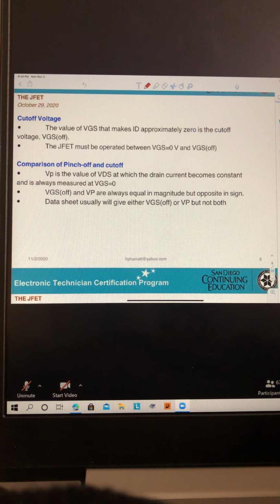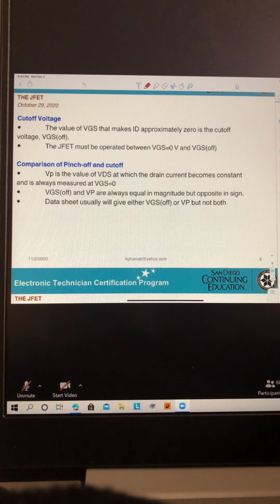VGS off and VP are always equal in magnitude but opposite in sign. VGS off is negative and VP is positive. The data sheet usually will give you VGS off or VP, but not both.